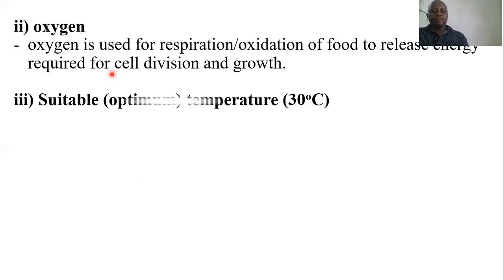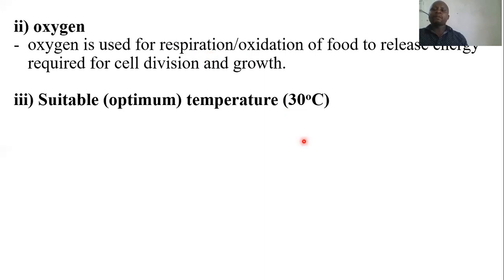Apart from that, we also need suitable or optimum temperature, and this optimum temperature is about 30 degrees Celsius. What do you think is the role of the optimum temperature? Earlier, we talked about the processes that occur during germination, such as respiration.